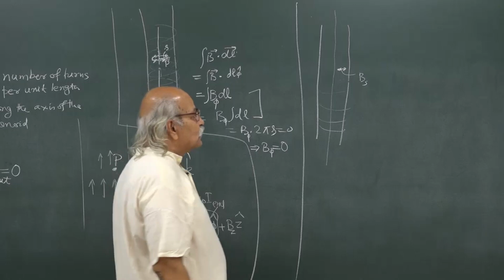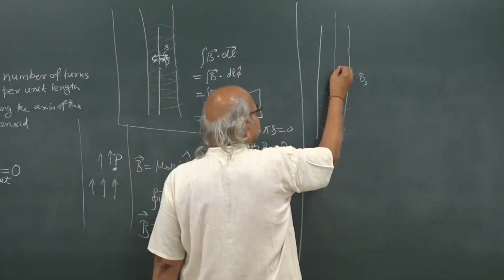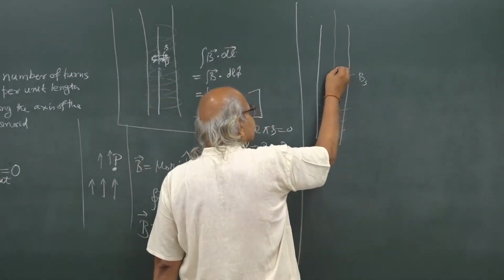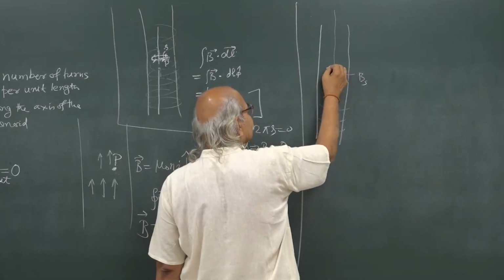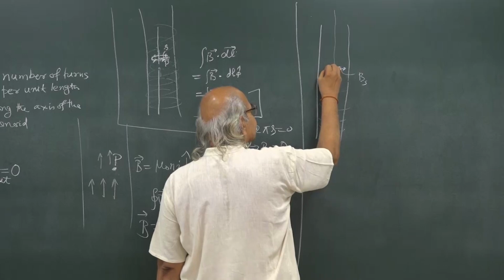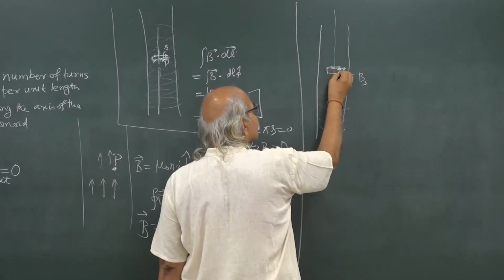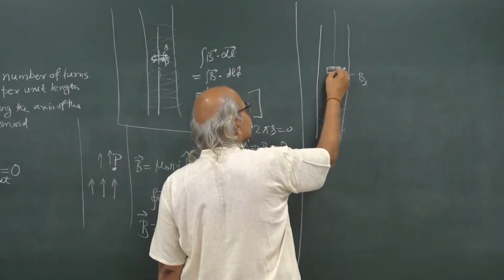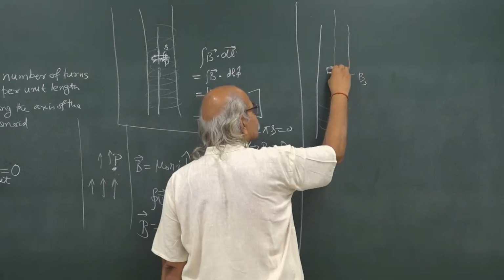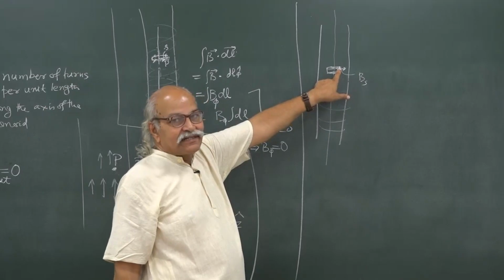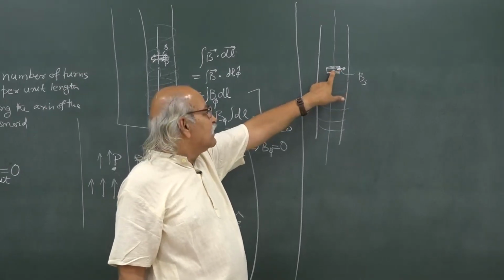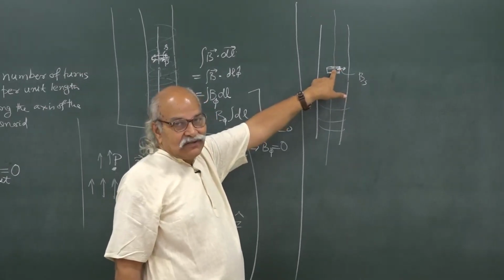So, what we will do is, we will make a disc out here, and then a disc out here, and make a cylinder. This point is at the curved surface of the cylinder. We are making a cylinder inside this solenoid.